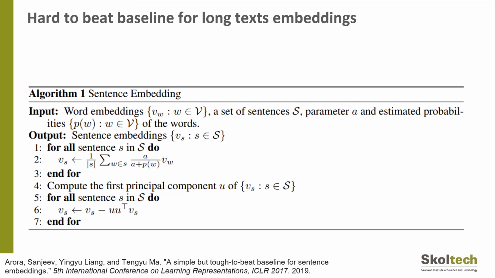It's from this paper, and it's a very good and easy baseline to try if you're trying to embed very long text. So you have some word embeddings for each word from some dictionary. You have a set of sentences.